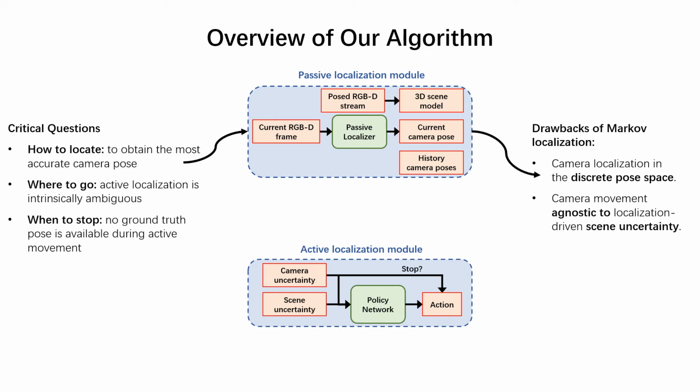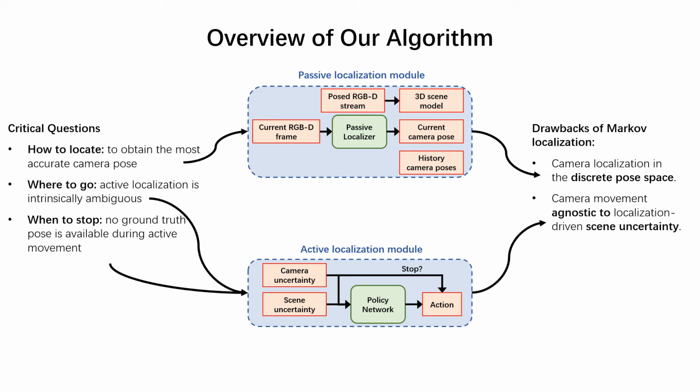The latter active module consists of the scene uncertainty and camera uncertainty components that answer the where to go and when to stop questions separately. The scene uncertainty component aims to guide the camera movement towards the localizable region. The camera uncertainty component determines the adaptive stop condition for the camera movement.